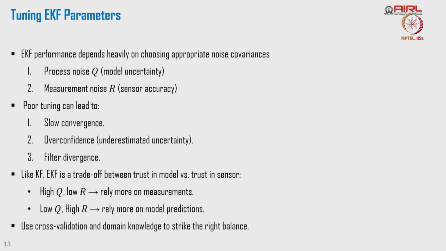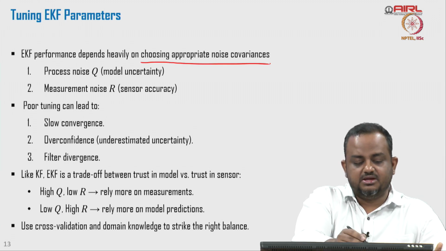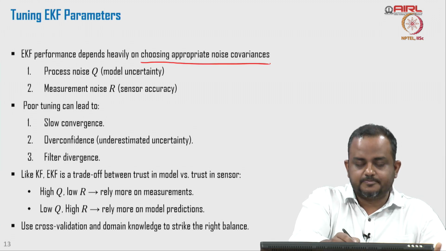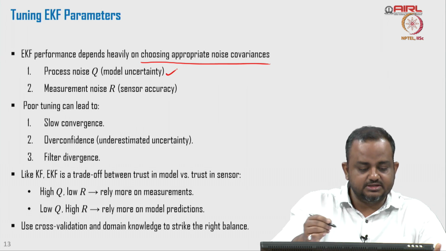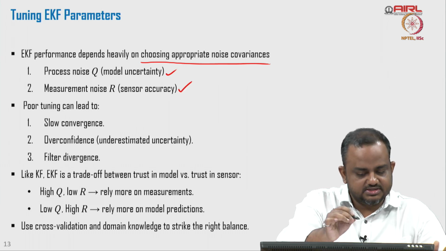Okay. Now, what is important for designing a proper extended Kalman filter based estimator is tuning it properly, because we know that process noise Q and measurement noise R play a very important role in estimation performance. So, EKF performance depends heavily on choosing appropriate noise covariances: process noise Q, which denotes model uncertainty, and measurement noise R, which denotes sensor accuracy.